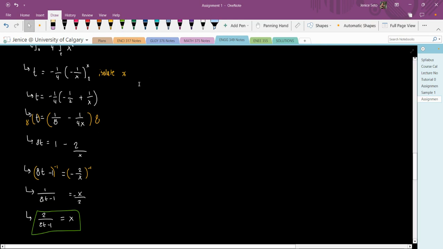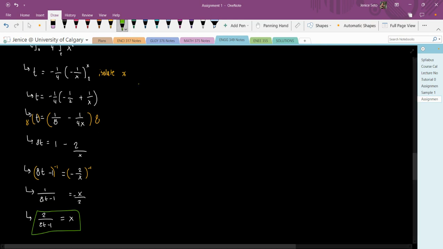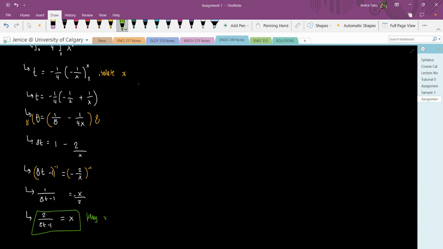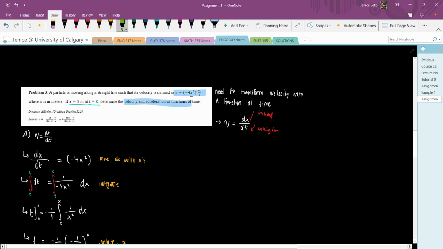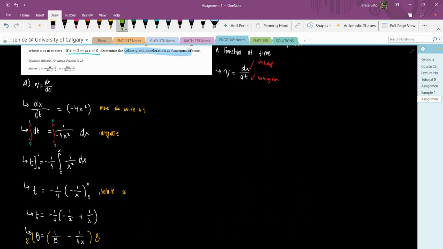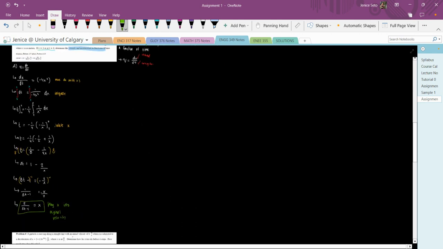And so you're probably thinking, what's next? So what we can do, we can plug this x as a function of t into our original velocity equation. So when that happens, we're going to bring it up here, because I ran out of room. Let's just draw an arrow.